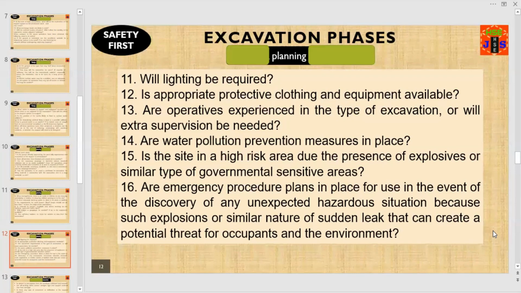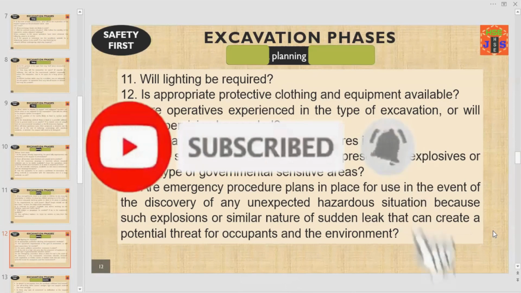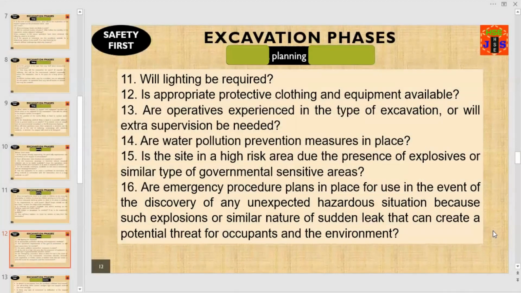Most of the time, site management and supervisory staff instruct the foreman to go to the location and start excavation activity. Where is the material? Where are the arrangements? They are giving only one drawing, and this practice is illegal. This practice is unsafe.